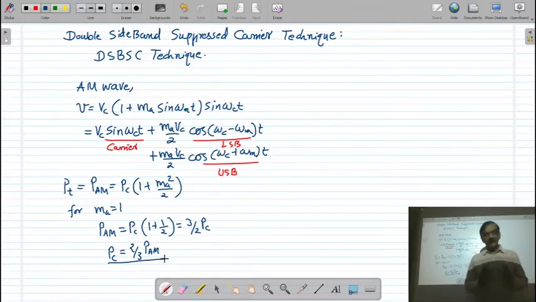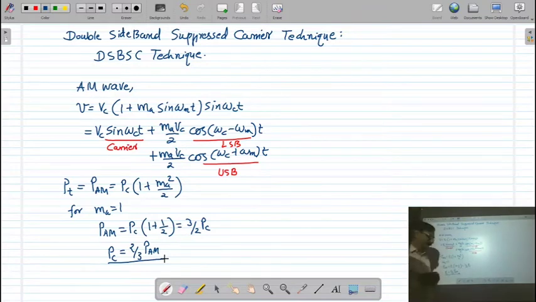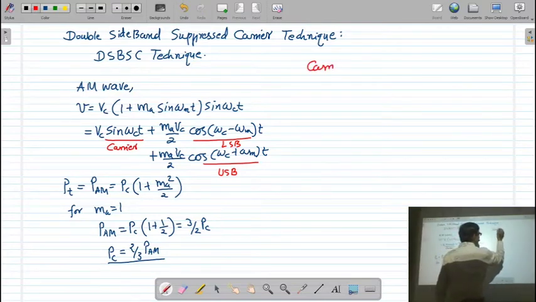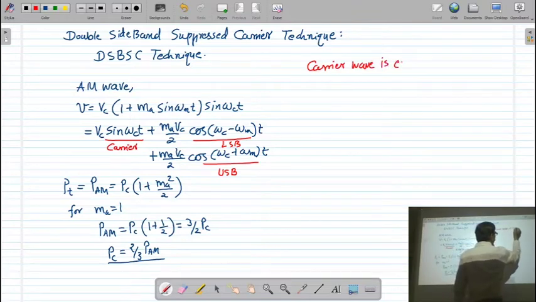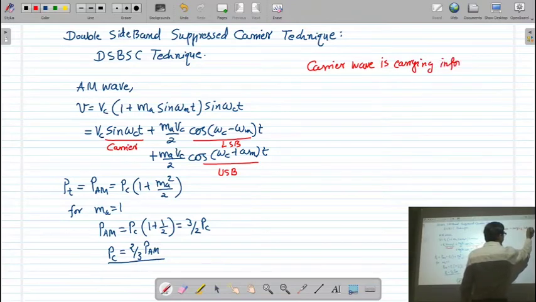And it is a very large amount of power that is with the carrier. But we know that the carrier is not carrying the information. Remember, the carrier wave is not carrying the information.